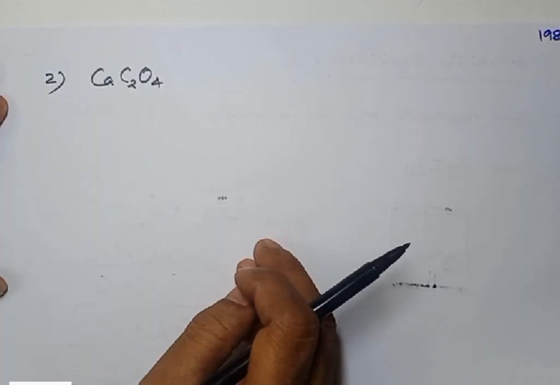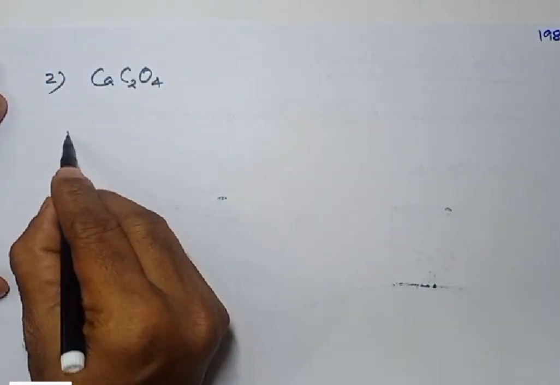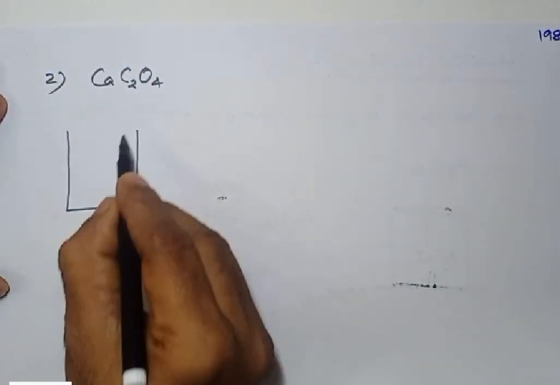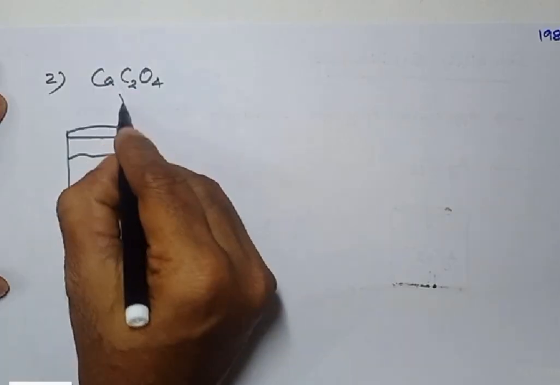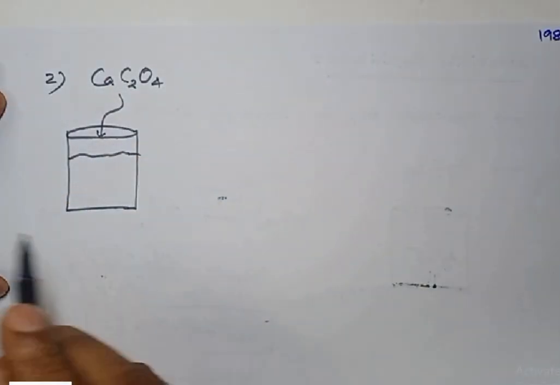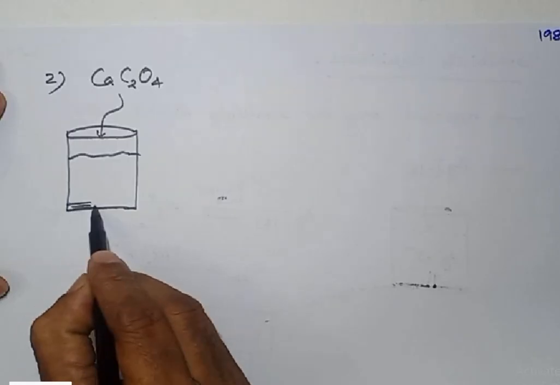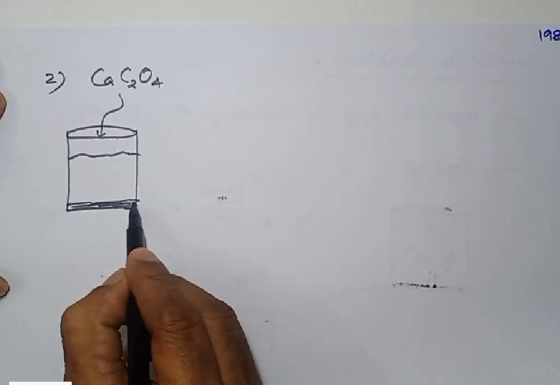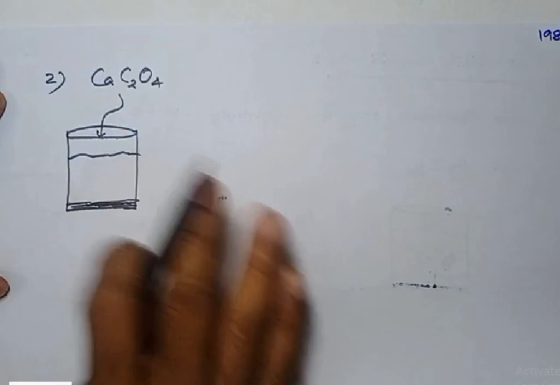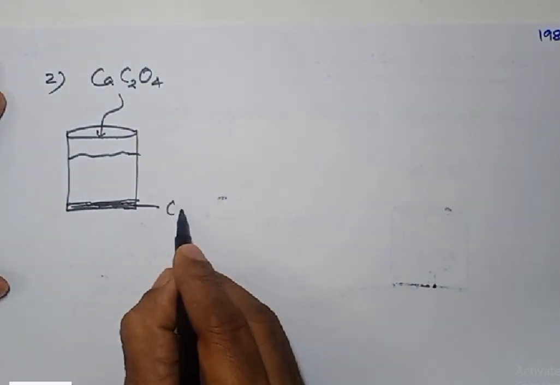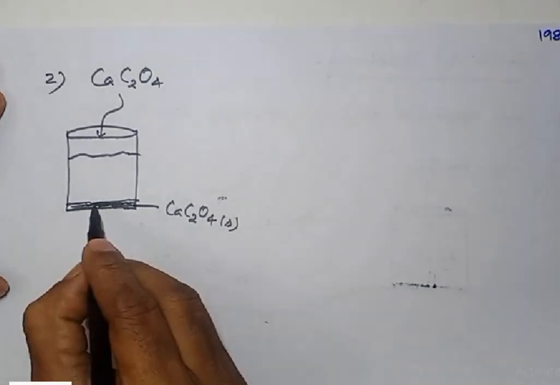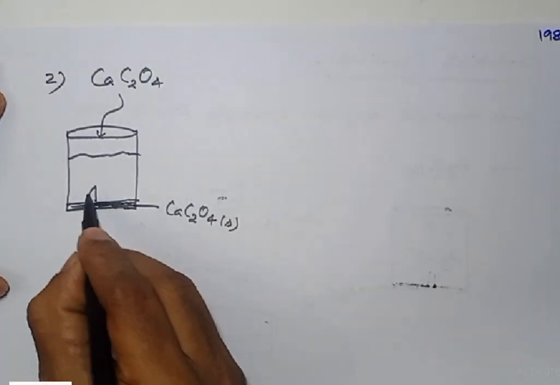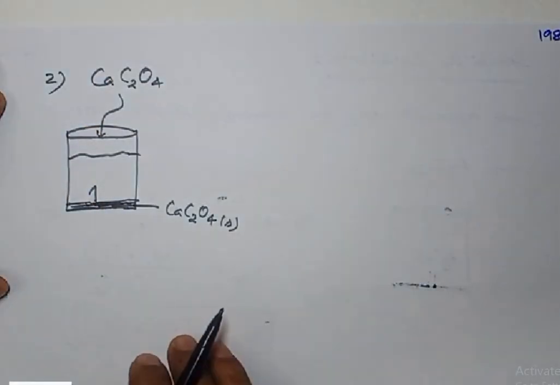If I put calcium oxalate solid in water, as discussed before, the maximum amount of calcium oxalate simply settles down, and a small amount of this solid dissociates and goes into solution.